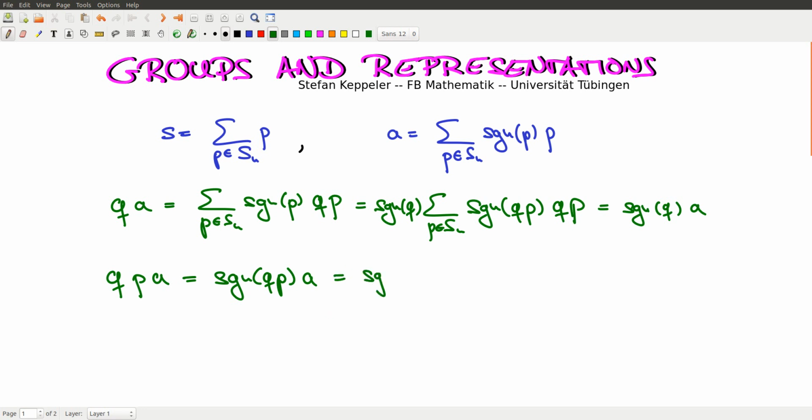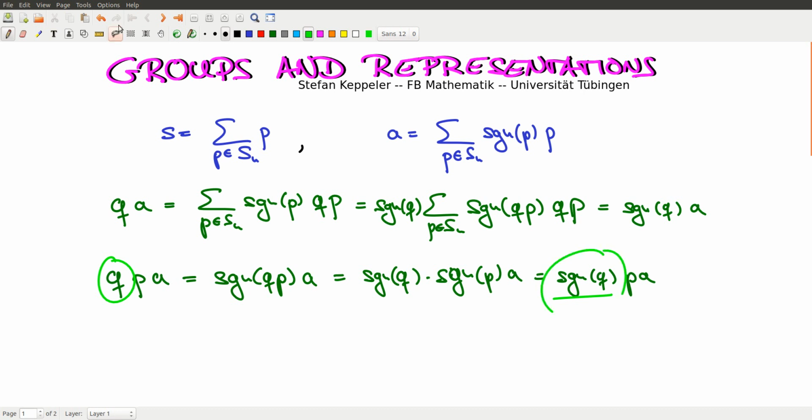But that's the sign of Q times the sign of P times A. But sign of P times A, that's just A. So we have the sign of Q times PA. And now we see that Q here is represented by the sign of Q. So the sign itself is another one-dimensional representation.